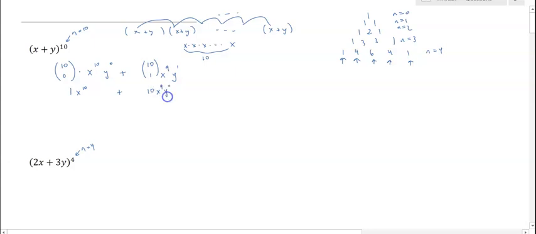And why is that? Well, if you think about it, you get 9 x's and 1 y. So it could be the case that we have y followed by 9 x's, or we have xy followed by 8 x's, or xxy followed by 7 x's. And you can see that basically we can just keep repositioning which set of parentheses that factor of y comes from.